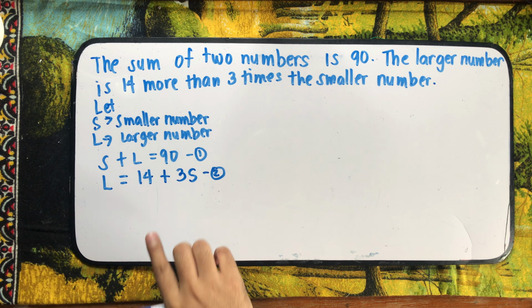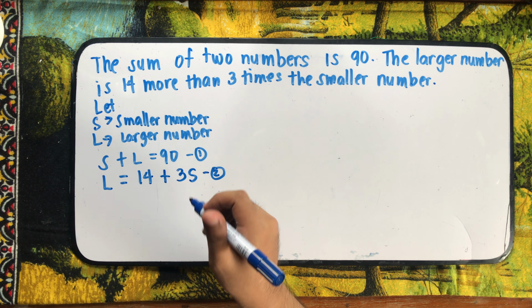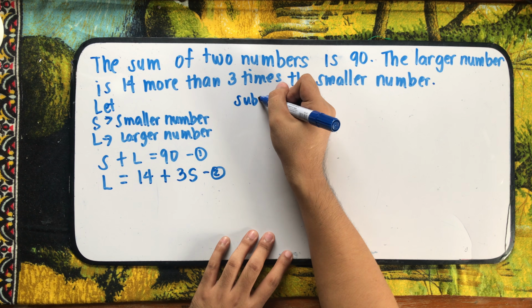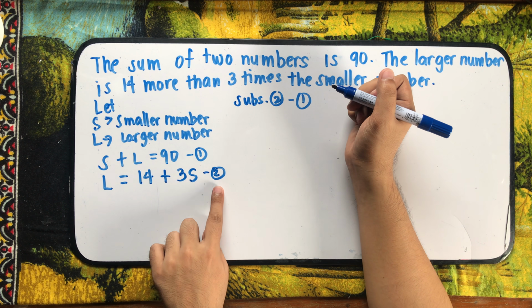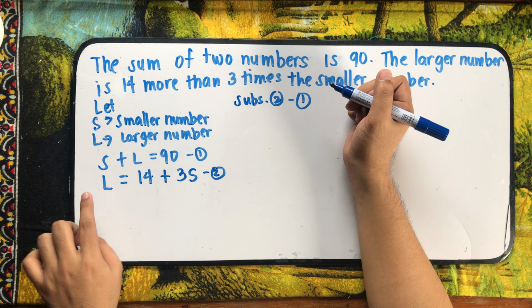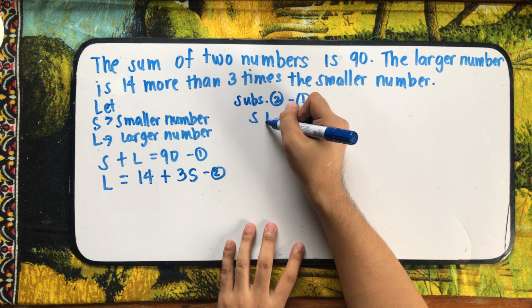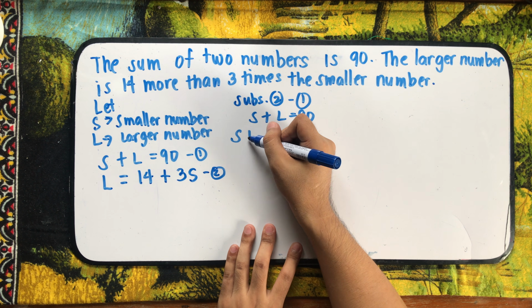Okay? So, from this one, if that is the value of L, all we have to do is to substitute equation 2 to equation 1. Again, this is equation 2, and we have here the value of L, and then substitute that to S plus L is equal to 90. But what is our S? That is S. What is our L?